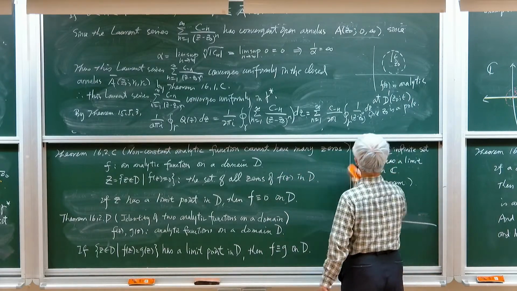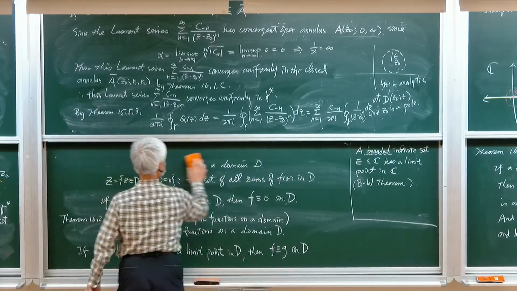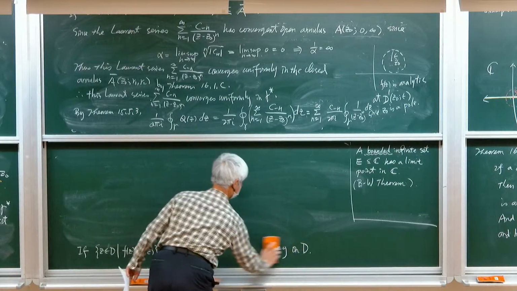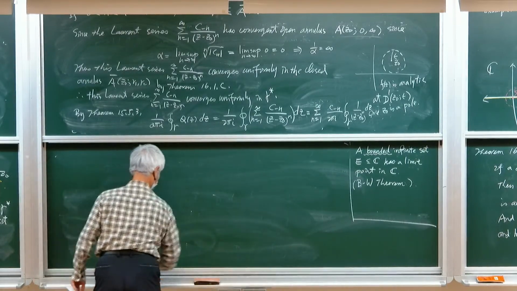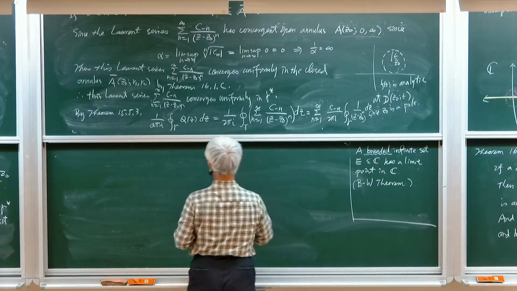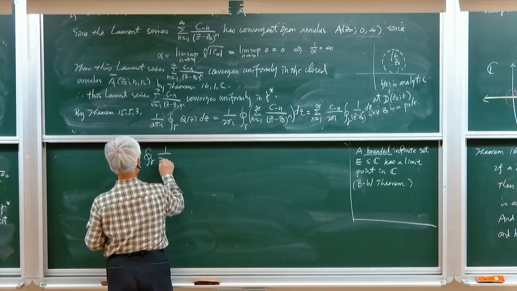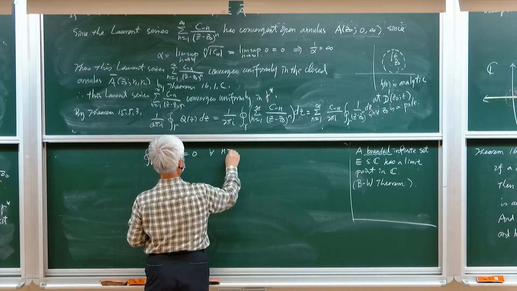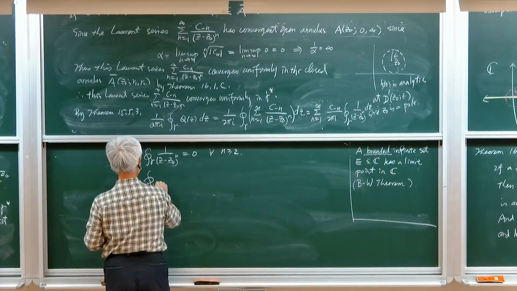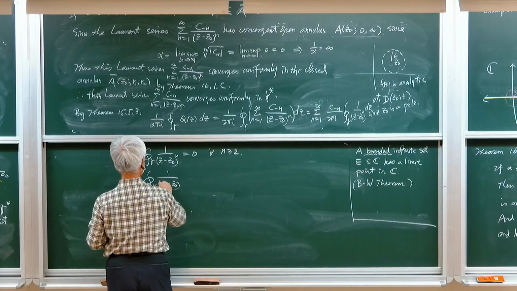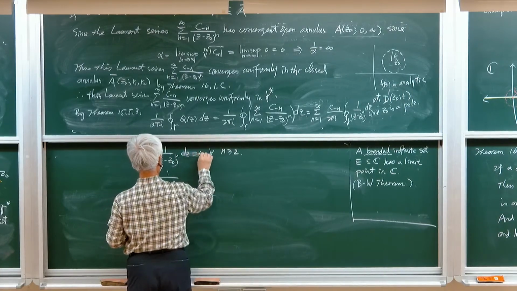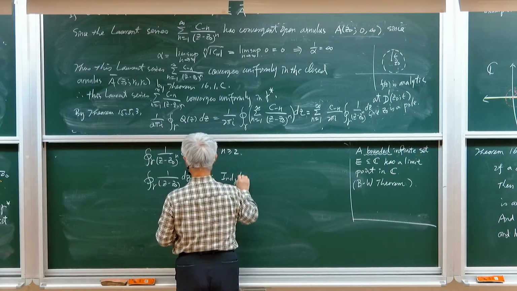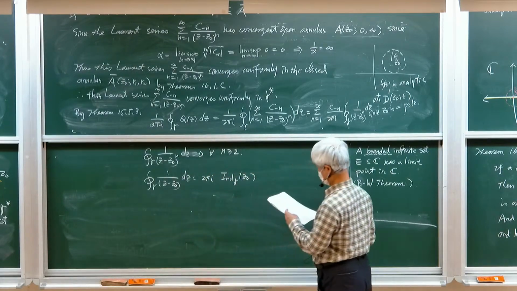But as we know, it's 0 for all n greater than or equal to 2.